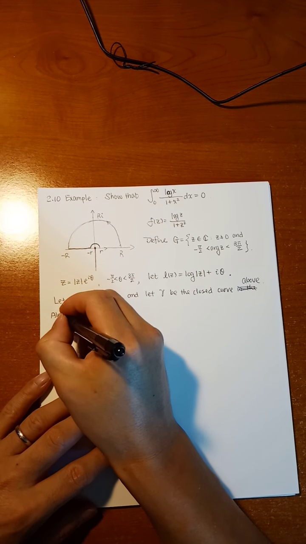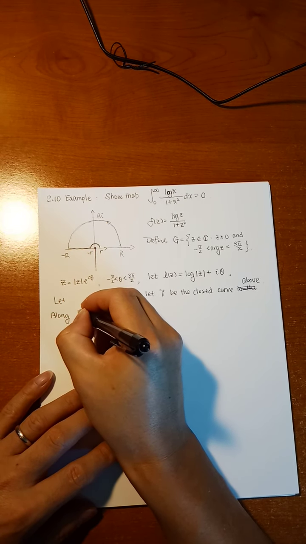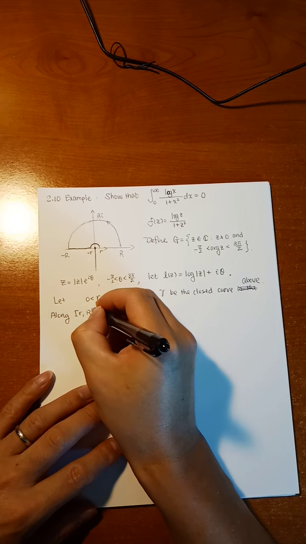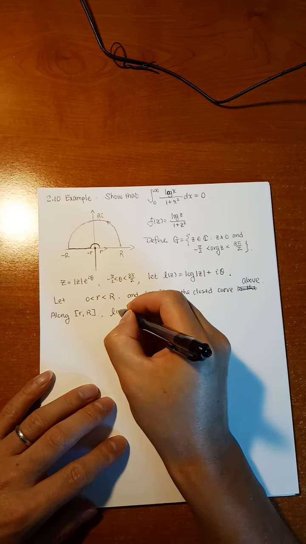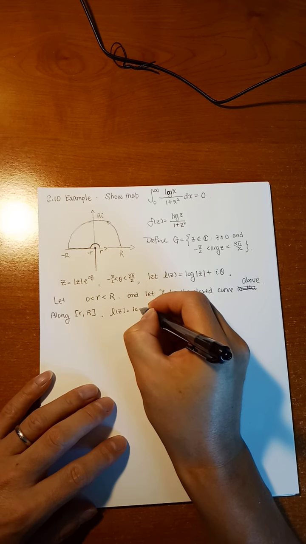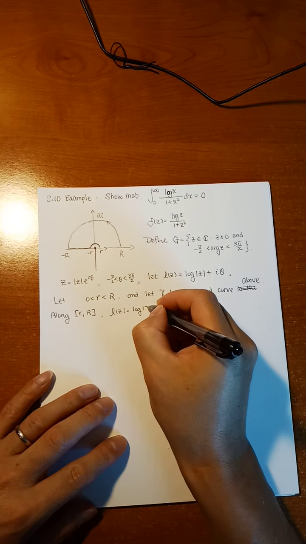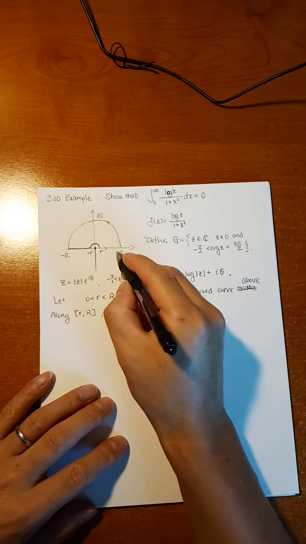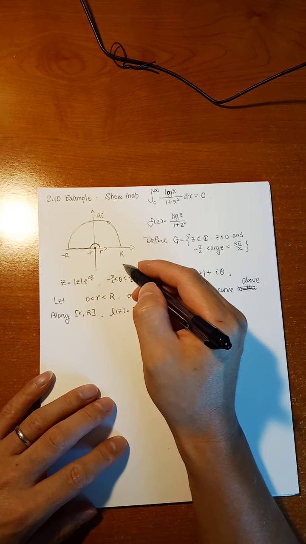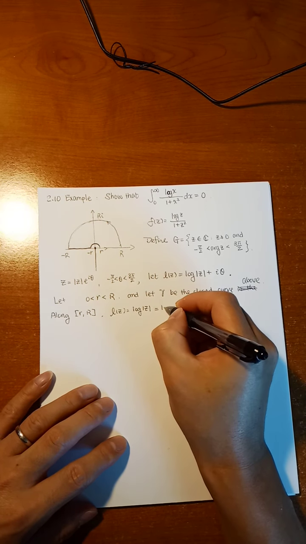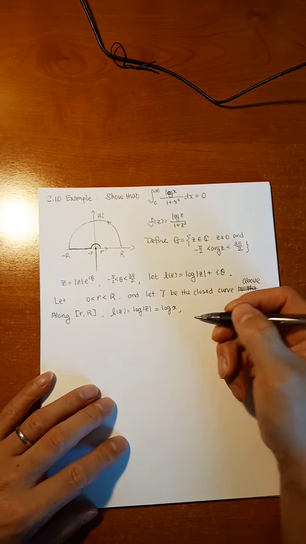All right, then let's see. Along the interval from little r to capital R, this log z is just the log of the absolute value of z, because the argument is 0, which is log x.